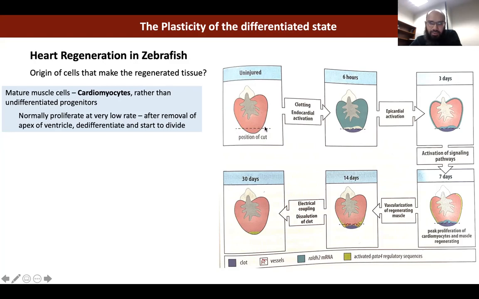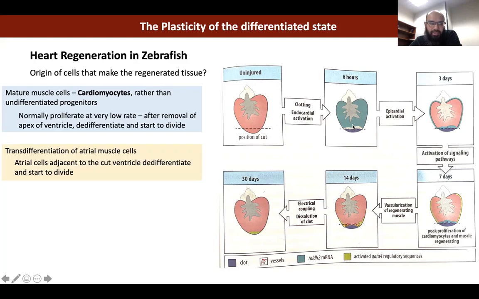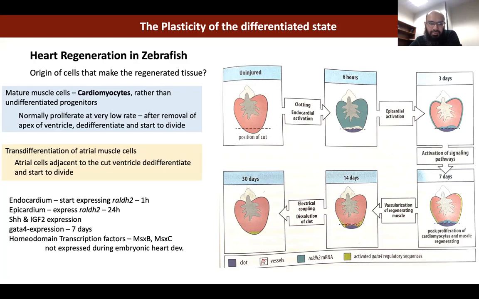What happens if you cut out, let's say, 10-15% of the bottom of the apex of the heart? In a few hours there is, of course, clotting and endocardial activation, and the endocardium starts expressing a particular factor called RALH2.